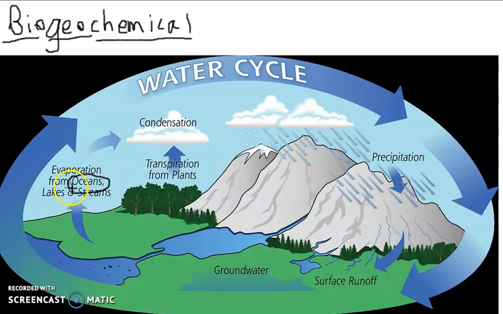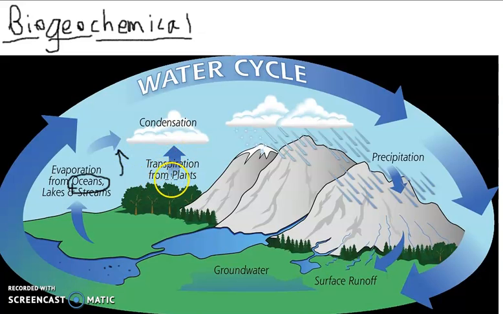Now first off, where we start is not important because it's literally a circle, I suppose, but we're going to start in the largest reservoir of water, which is the ocean. As the sunlight heats the water, the ocean's waters evaporate. The evaporated water becomes water vapor and it slowly goes to the sky.